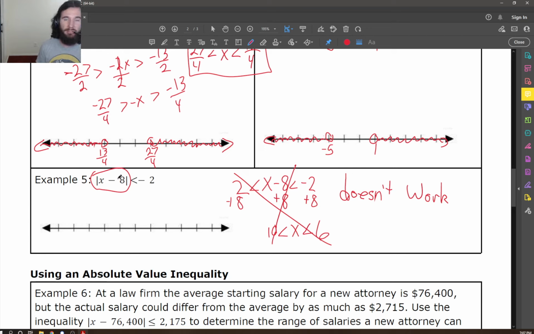Again, positive 2 does not equal negative 2. And so for our graph, we're going to call this empty set. You can put 6 and 10 down here if you want, but this is an empty set. X can't be anywhere on here. This is not a real thing. All right.